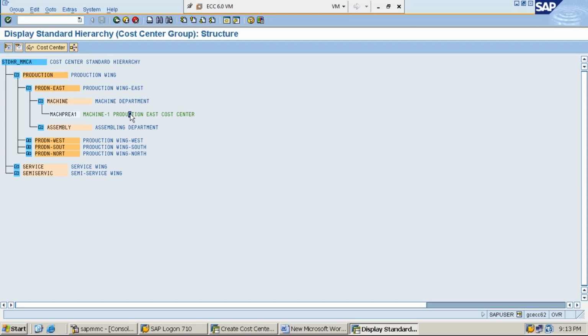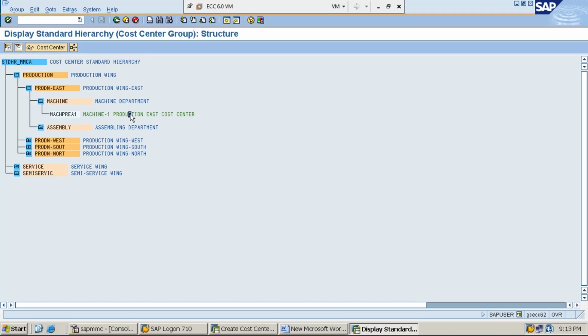I repeat once again my explanation. Cost center is the lowest level within the standard hierarchy, the smallest section, which cannot be divided into smaller divisions and subdivisions. So cost center always represents the lowest organizational unit within the hierarchy, which cannot be further bifurcated into divisions and subdivisions.